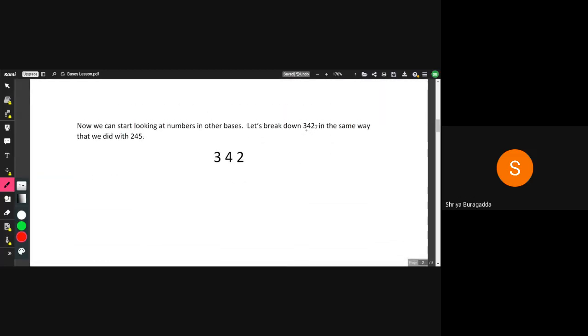So let's take a look at 342 in base 7. We can break it down the same way as we did with 245. So this 2 would be 7 to the 0th power times 2. And then this 4 would be 7 to the 1st power times 4. So that would be 7 times 4, which is 28.